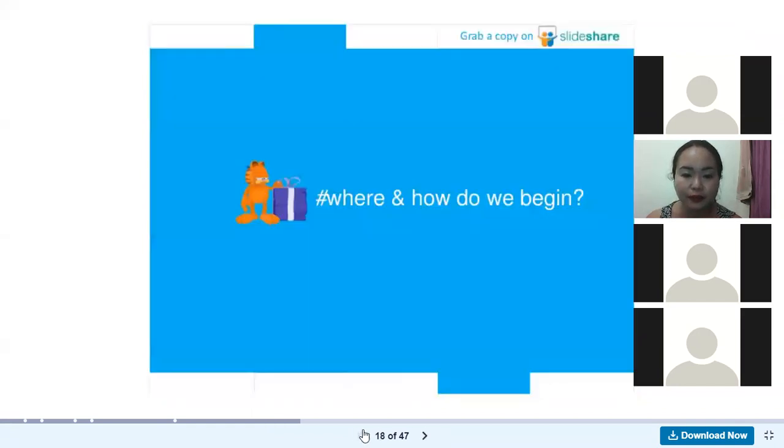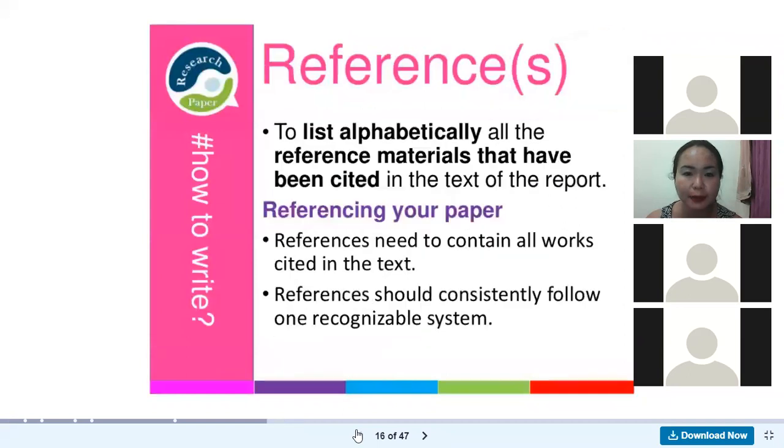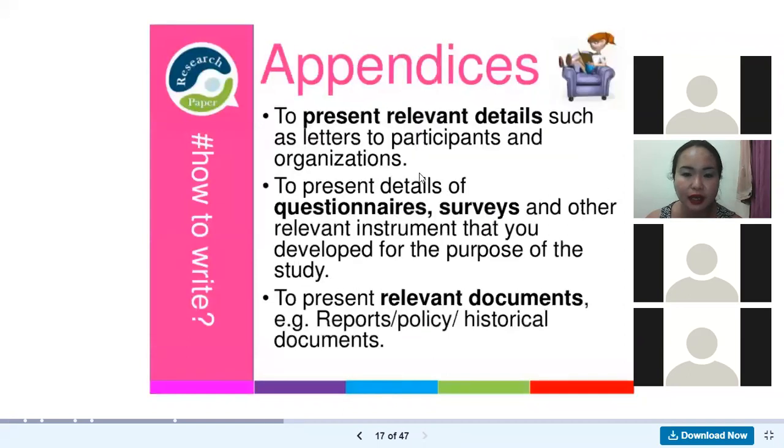So with regards to your appendices, this is to present relevant details, like your letters to participants and organizations that you have invited for your survey or for your research. And the questionnaires, what are the questions that you put in there or you ask, or the survey questions that you have included, and other relevant instruments that you have developed for your study.